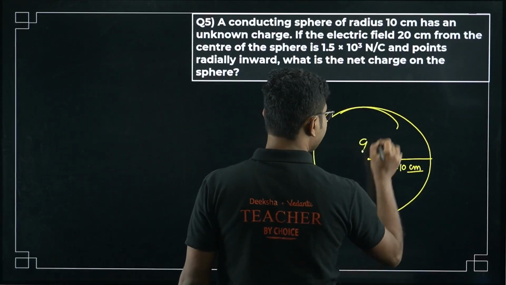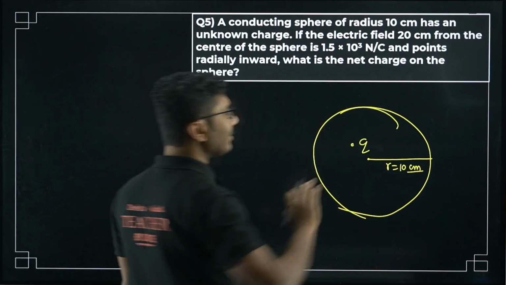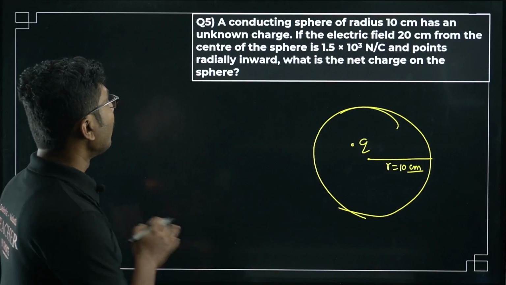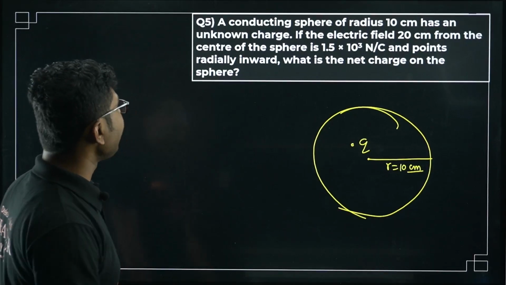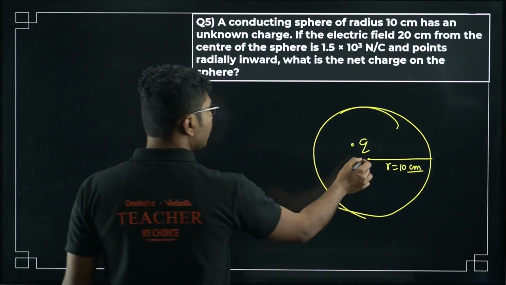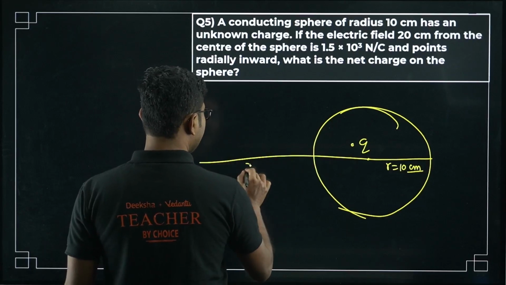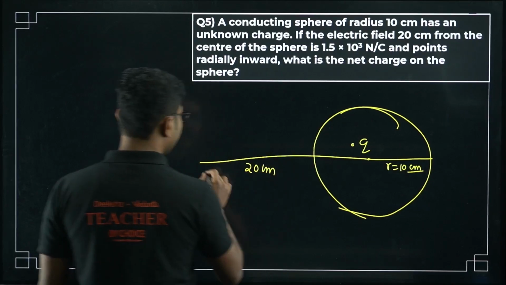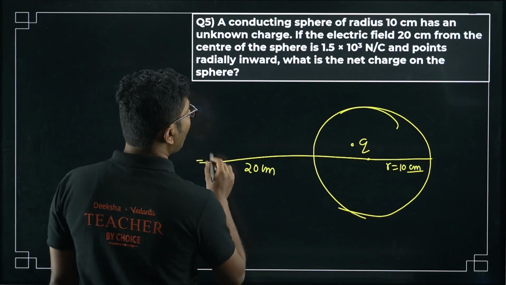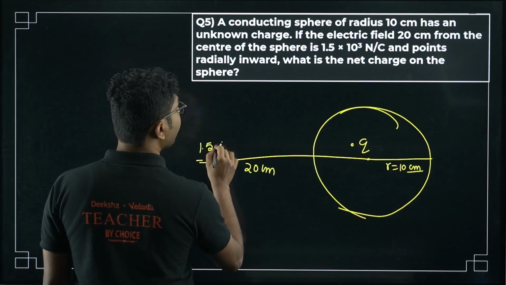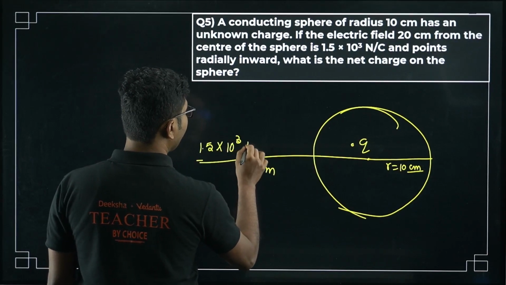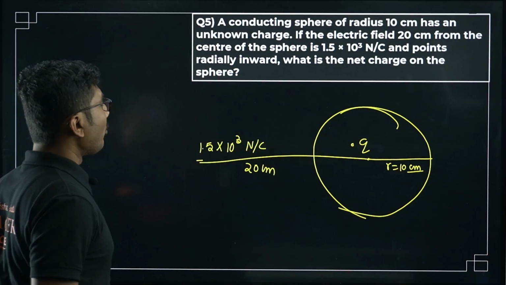Inside the sphere some charge is there. No matter where it is located, as long as it is inside, it is fine. If the electric field 20 cm from the center of the sphere is 1.5 into 10 to the power of 3 Newton per coulomb and points radially inward.